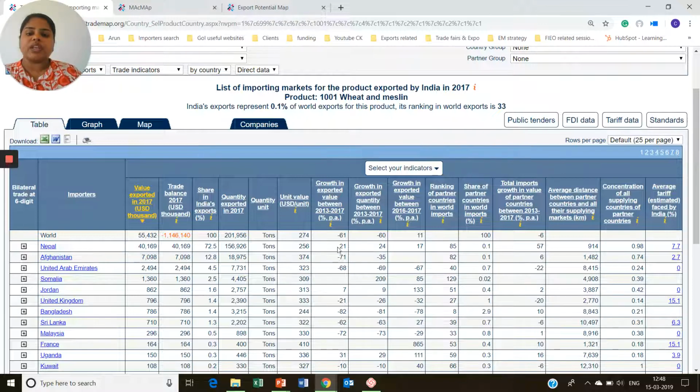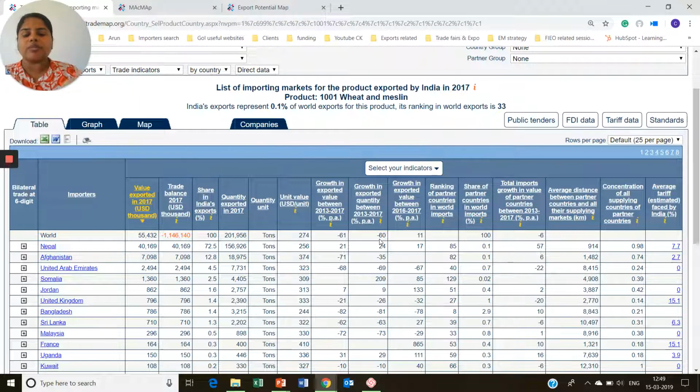But here you can see the value rate percentage is less than the quantity. What does it mean? That means on average of 5 years, there is an increase in the quantity. Maybe last year, someone exported 100 tons of wheat to Nepal.